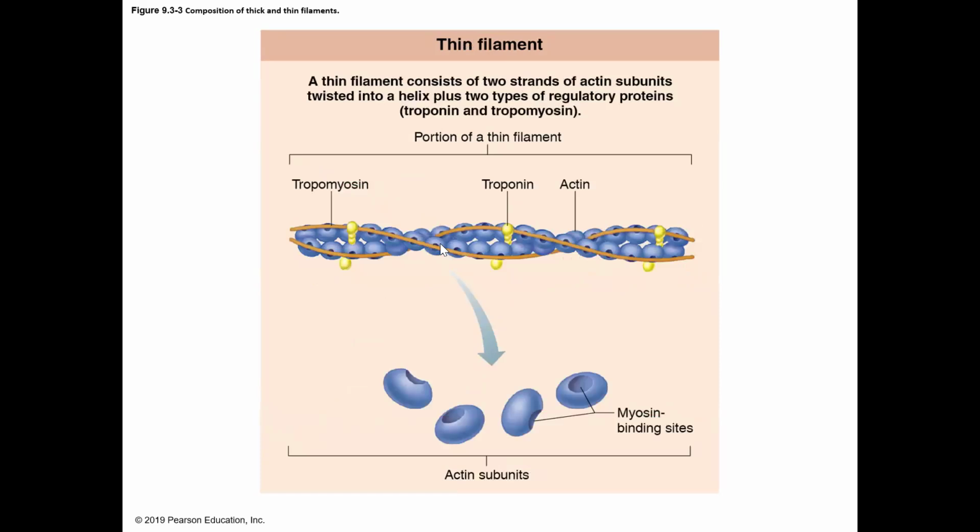So here's the actin, and before muscle contracts, the binding sites where the myosin likes to bind to are covered up. They're covered up by a protein referred to as tropomyosin. In order to get those binding sites exposed so that myosin can bind to the actin, you need calcium.